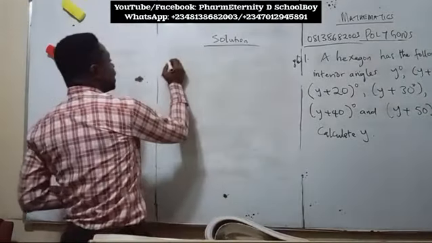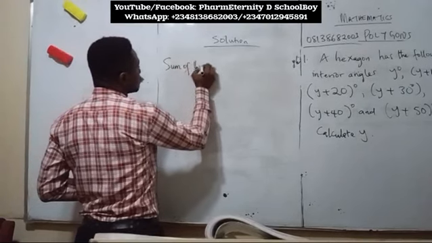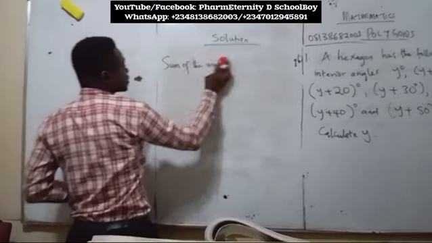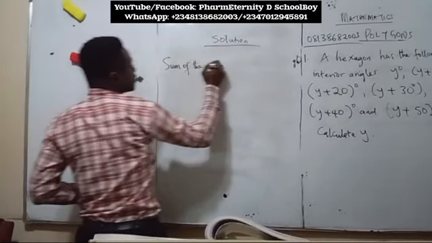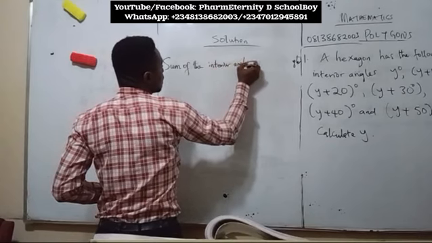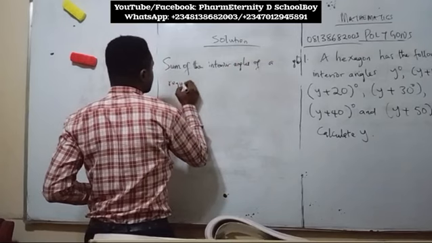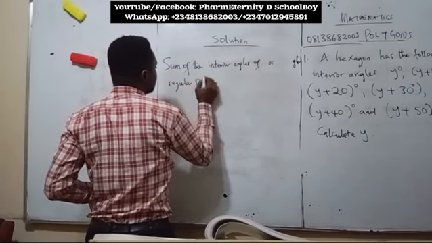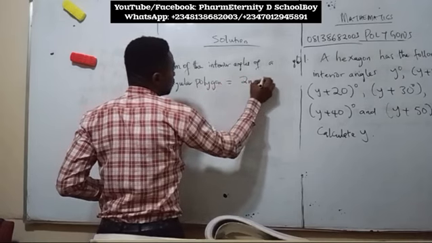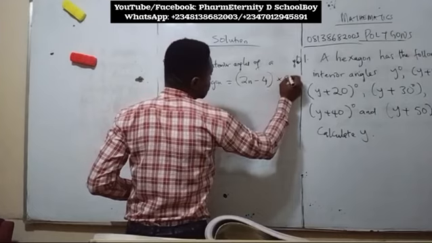Sum of the interior angles of a regular polygon is equal to 2n minus 4 right angles, that is times 90 degrees.